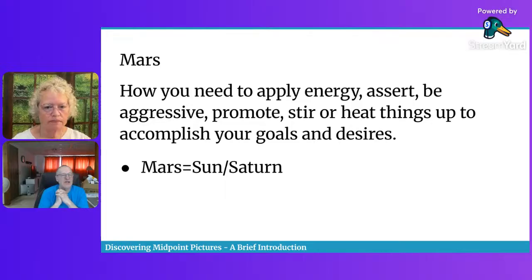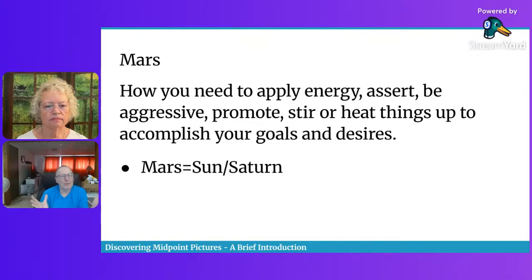So Mars is how you need to apply your energy, how you need to assert, to be aggressive. Now, being aggressive is not necessarily a bad thing unless you're being aggressive to go up and punch somebody in the face. If you're in a boxing ring, that's okay. If you're outside the boxing ring, probably not okay. It's all about promotion. It's about stirring things up or heating things up.